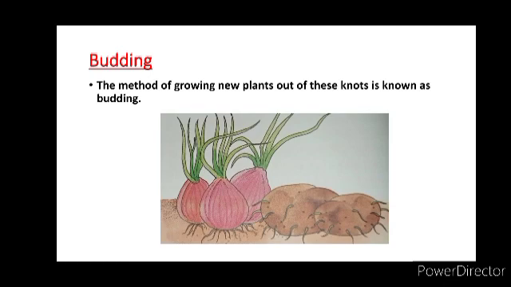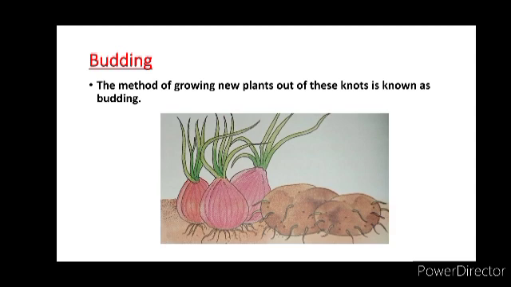The next kind of vegetative propagation is budding. Have you seen, students, knotted structures on the stem of some plants like ginger, potato, onion? The method of growing new plants out of these knots is known as budding.